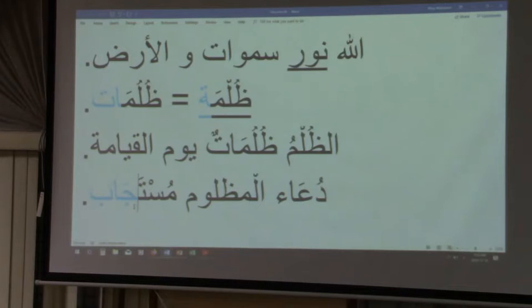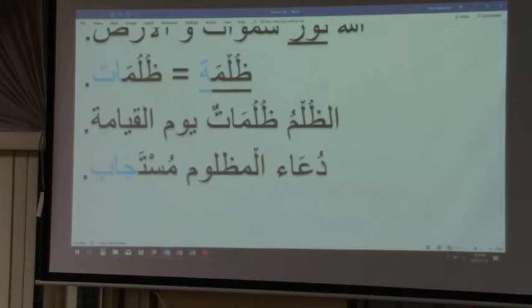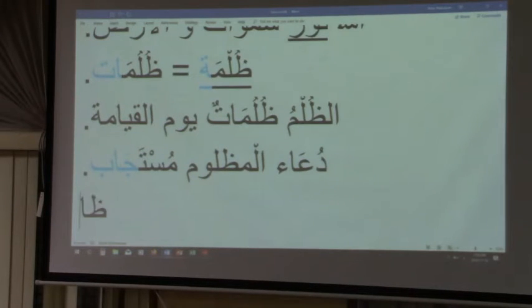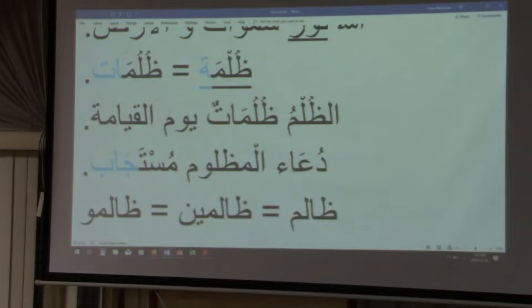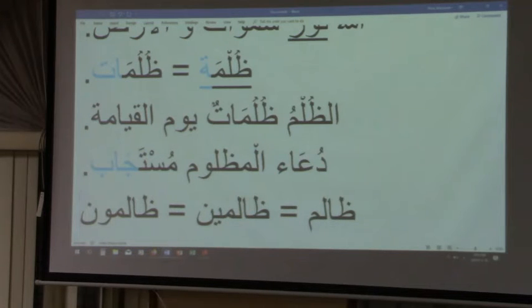So what is the meaning of oppressor? Zalim. Now I have here the word zalim. The plural of zalim? Zalimun, zalimin or zalimun. And for female will be what? Good. Zalimat. Excellent. So zalim is oppressor.